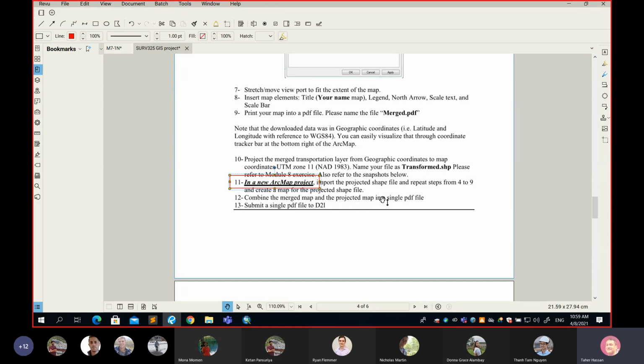So after you do the projection in ArcMap as part of your project, please get a brand new project, and this is where you need to bring in your projected file. Otherwise, if you bring the projected file into an old GIS project, where the coordinate system is already set up to geographic coordinates, you don't see any change. Is that clear?